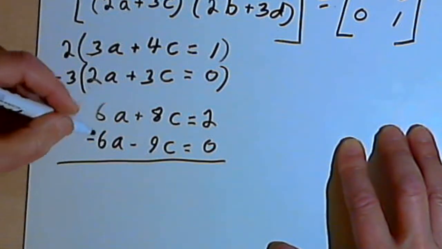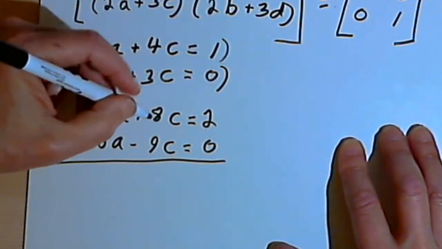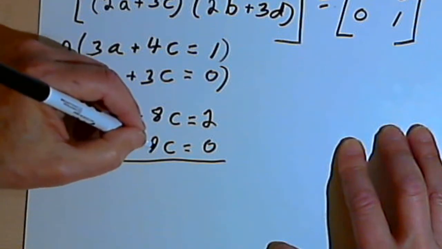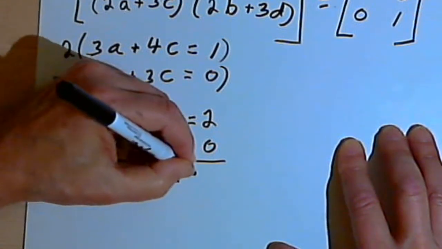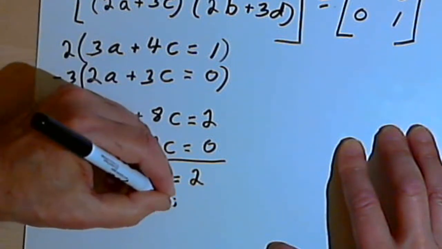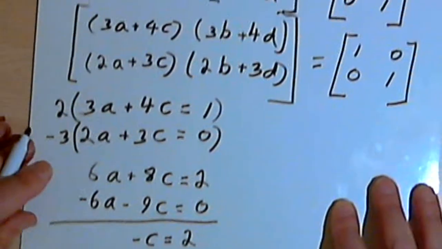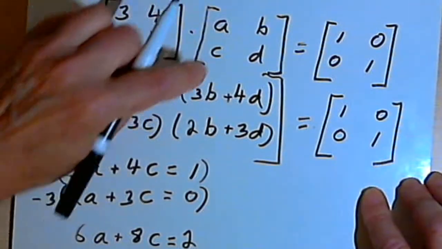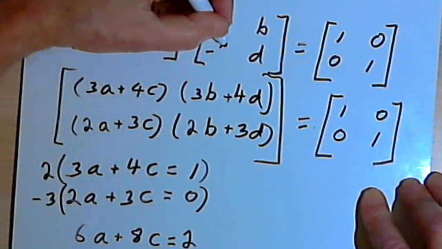So I can add those two equations together. I've eliminated my A's, and I've got an 8C and a -9C, so that's -C equals 2, so C equals -2. Okay, so the first thing I'm going to do is put that -2 into my matrix where I had a C.